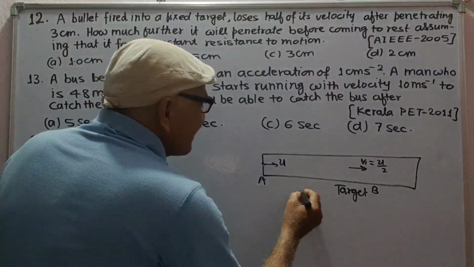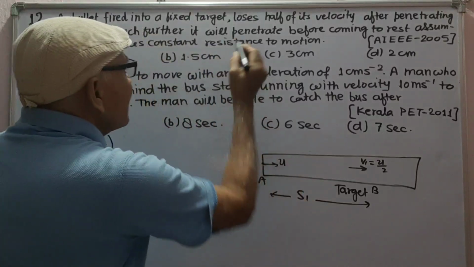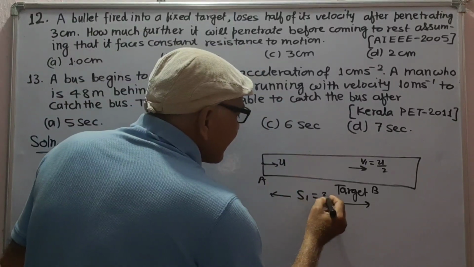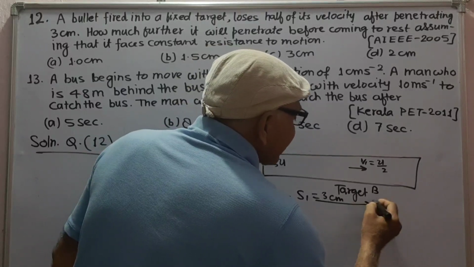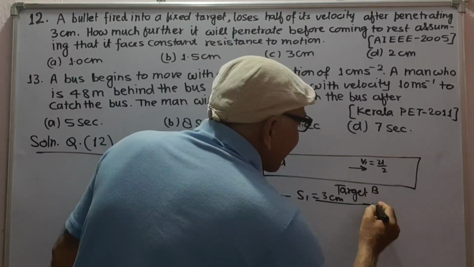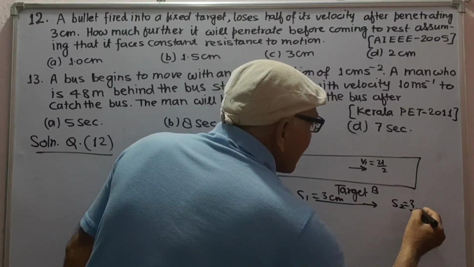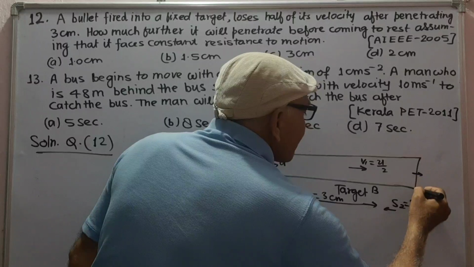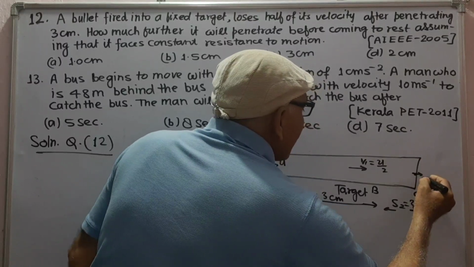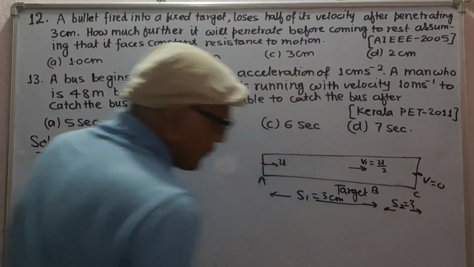Suppose this distance is s1, which is given to be 3 centimeters. Then we have to find the further distance s2 such that the bullet comes to rest at point C.